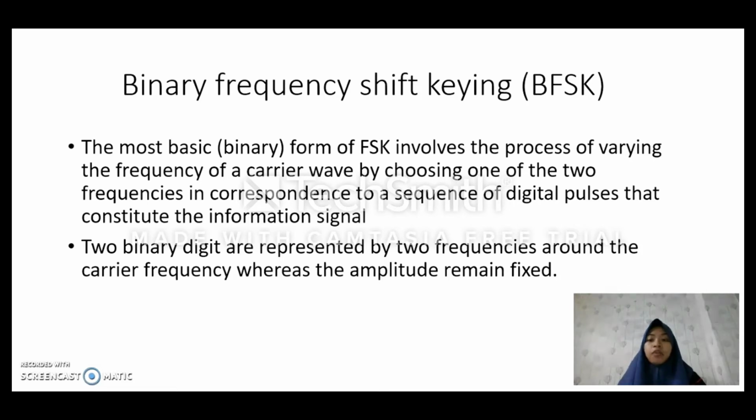BFSK involves varying the frequency of a carrier wave by choosing one of two frequencies in correspondence to a sequence of digital pulses that constitute the information signal. Two binary digits are represented by two frequencies around the carrier frequency, whereas the amplitude remains fixed.